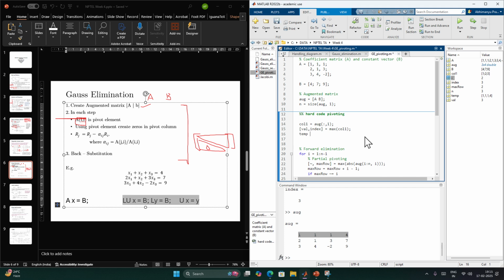so I will just store this in a temporary variable. So entire row, and I will make the first row of the augmented matrix as... yeah, sorry.